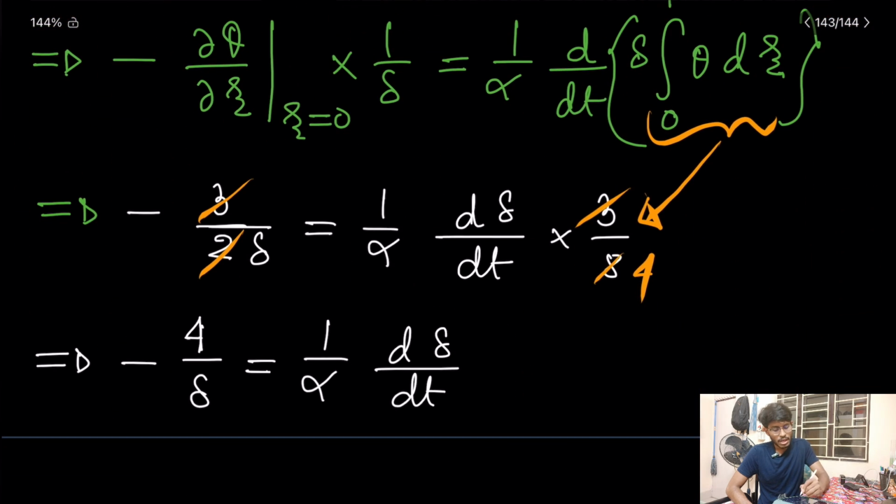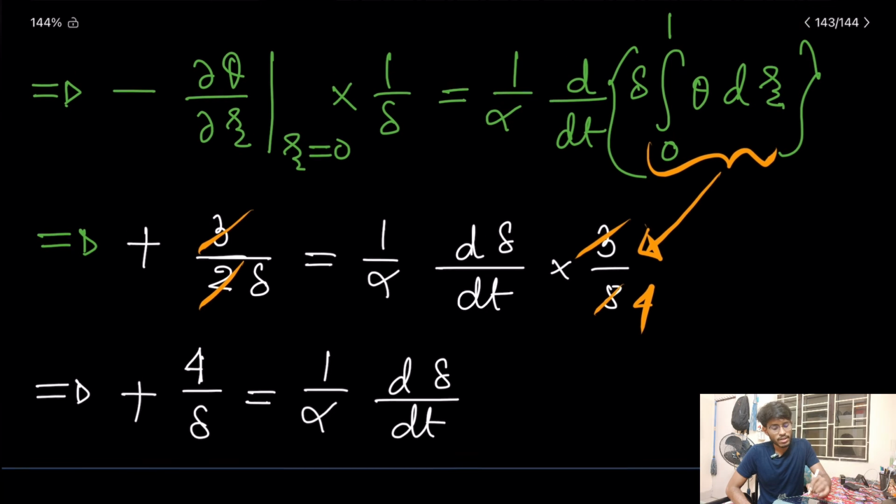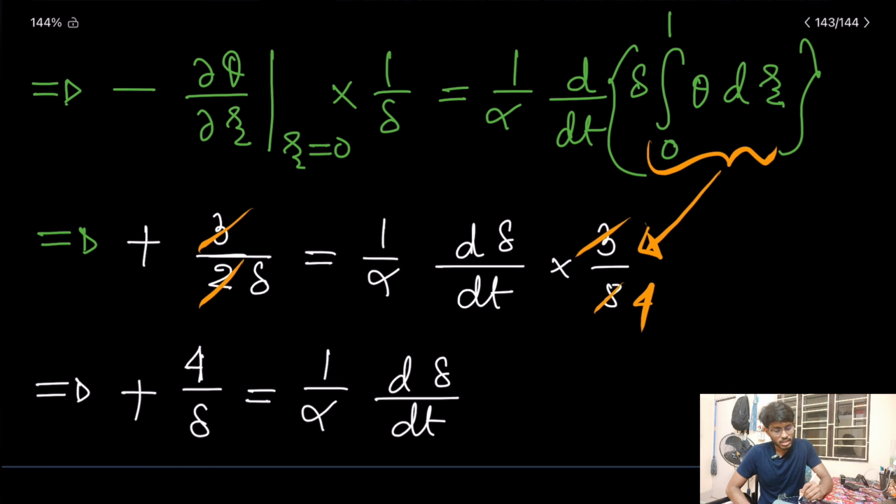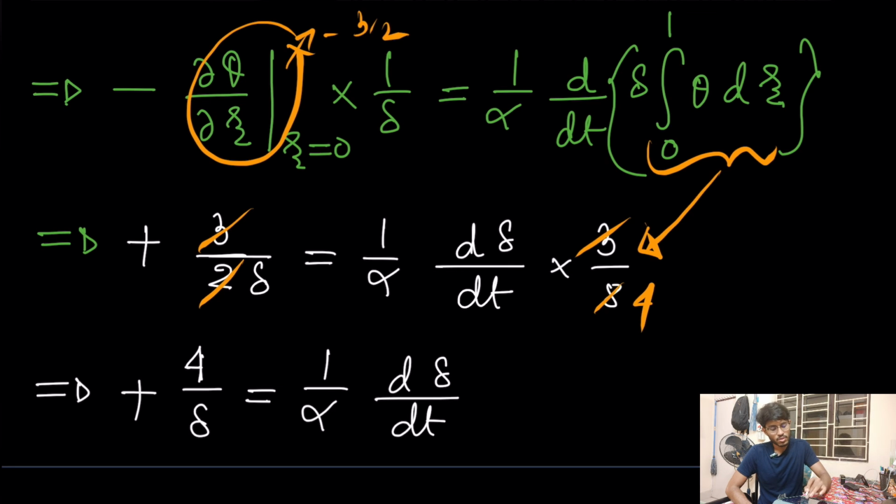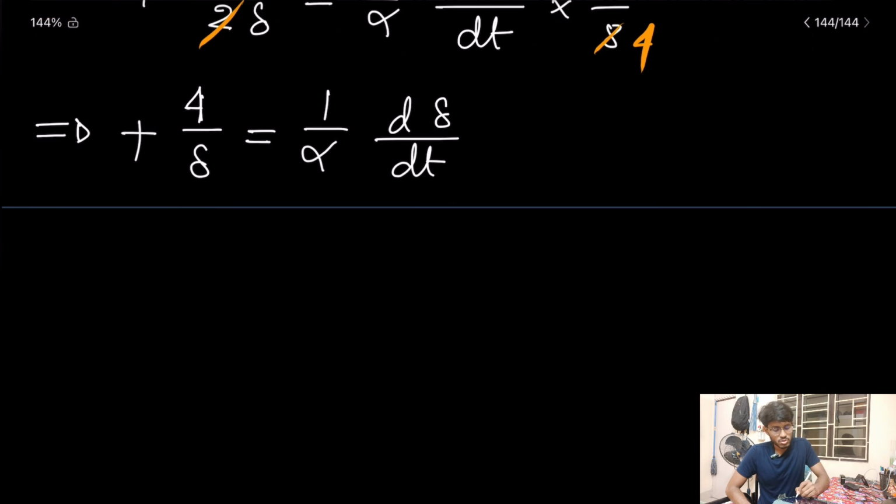Okay, so this will be plus 3 by 2, right? We got that because this was minus 3 by 2, okay. So then I can now directly integrate, okay.